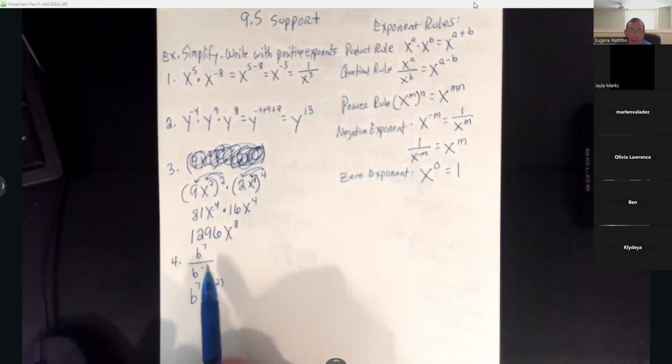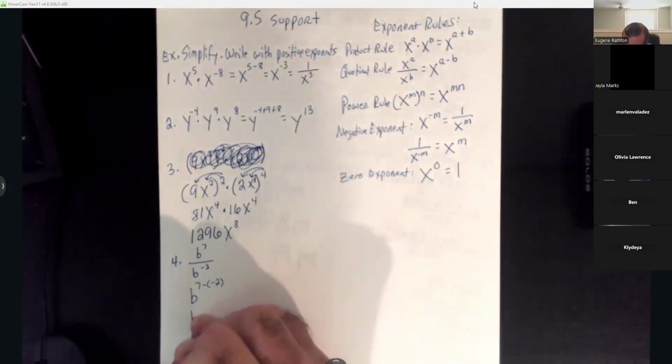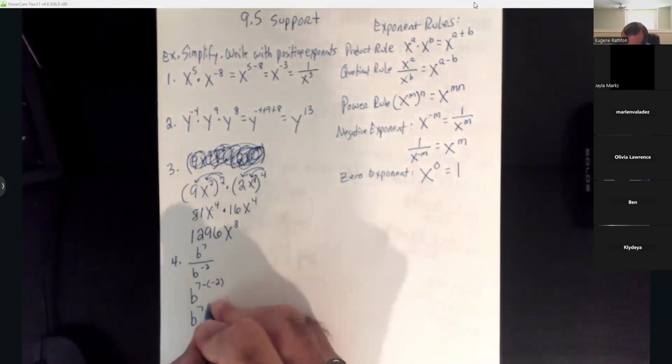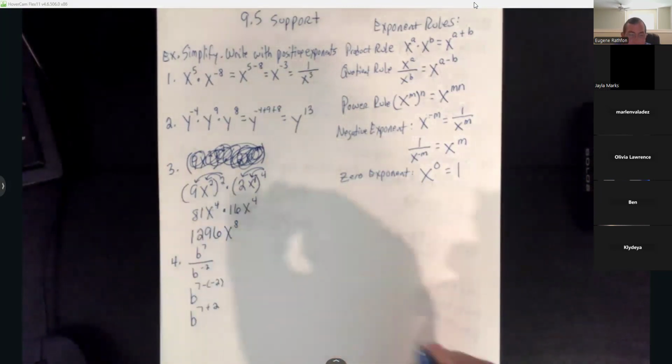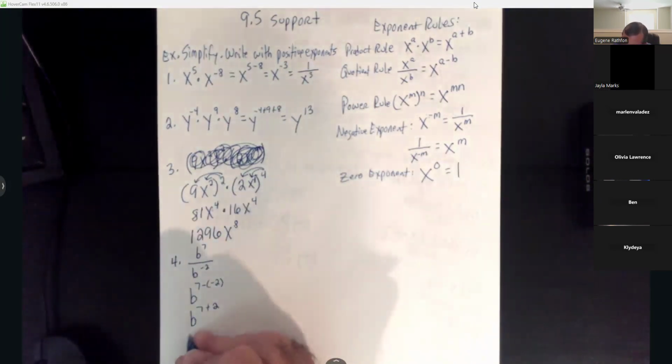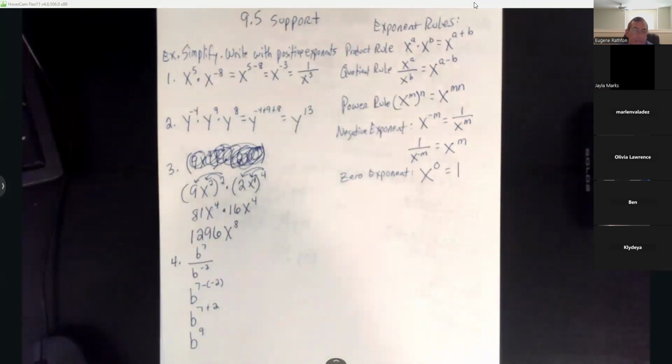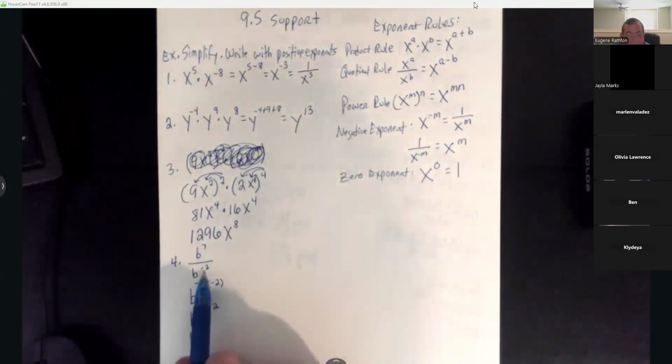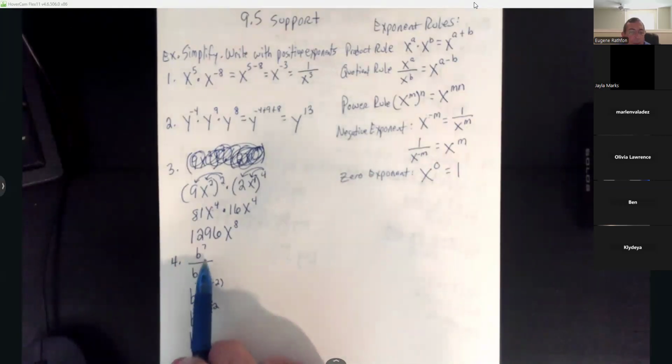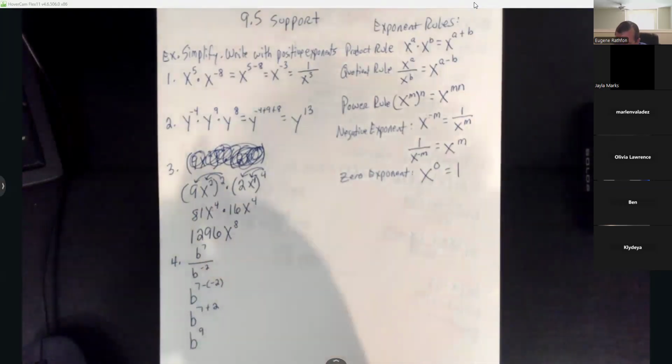So if the bottom exponent is negative, when you subtract it, it will become a positive here. So you really have b to the 7 plus 2. Y'all, that ends up being a b to the ninth. Okay, so if you got negative exponents on the bottom, when you subtract that negative, it becomes a positive.